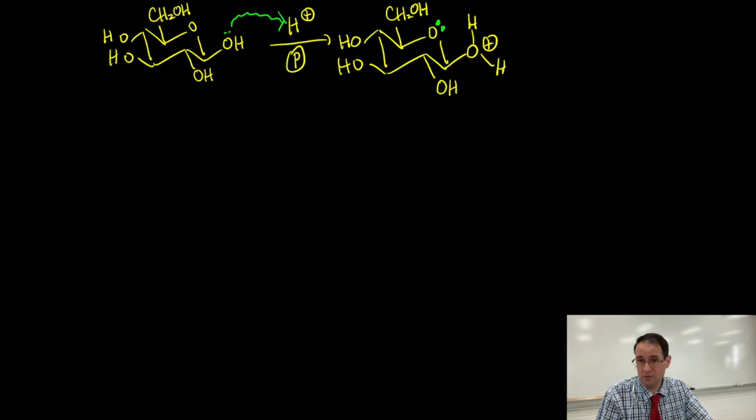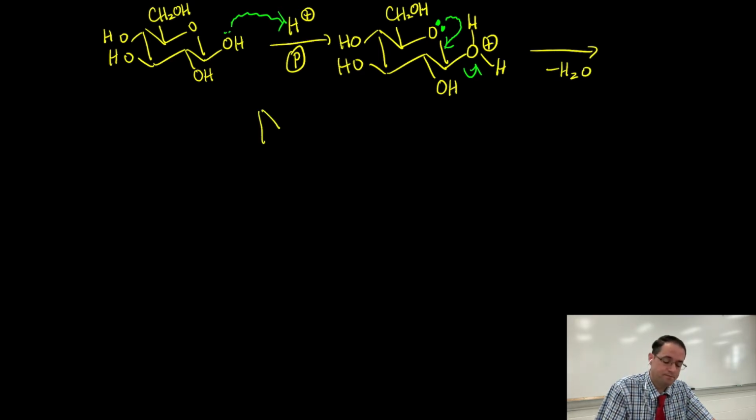As usual, always use your lone pairs if you have something next door to assist with the departure of that leaving group, okay? So in this step, we lose water. I'll just write it down on the bottom of the arrow. And you form a resonance stabilized carbocation.